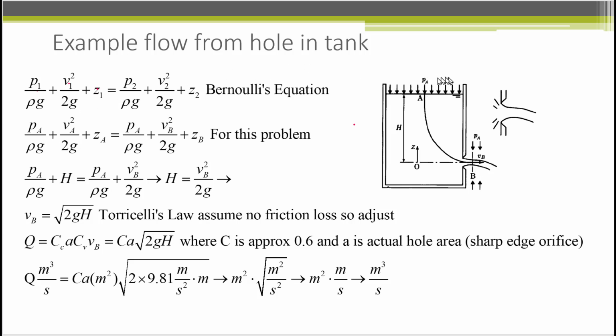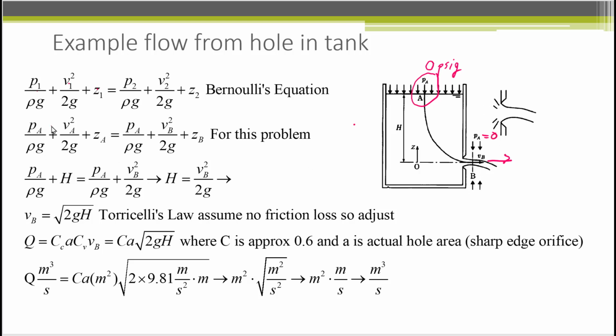We're going to take A to be here at the surface and B to be here at the point where the water's coming out of the tank. Now PA, we can say that PA is 0 psig. It's 0 pressure, 0 psig gauge, and also it is 0 here.